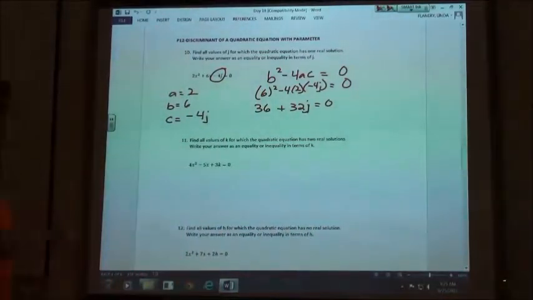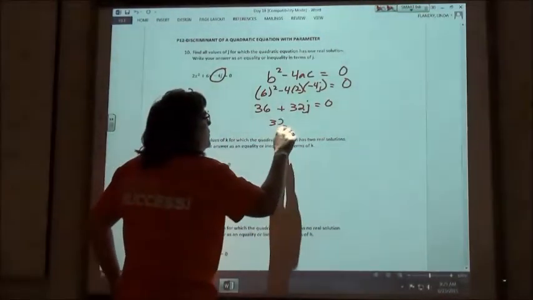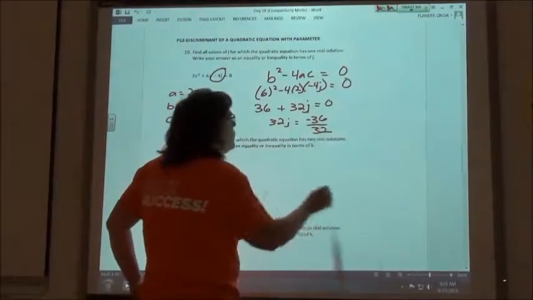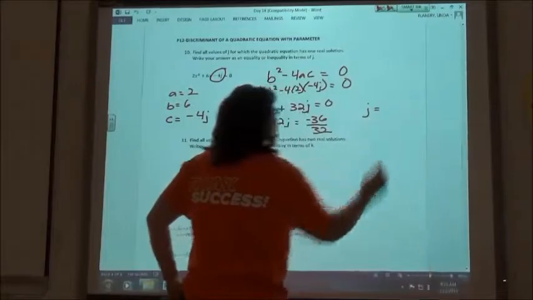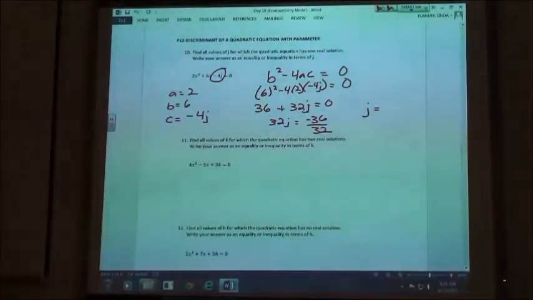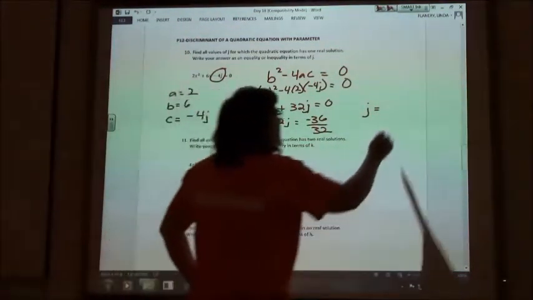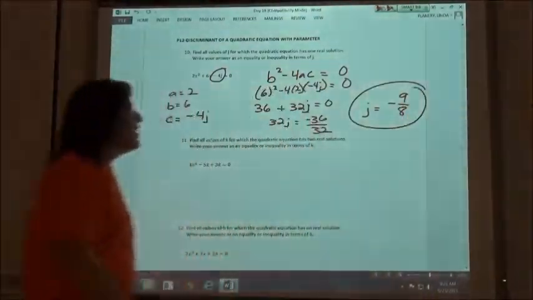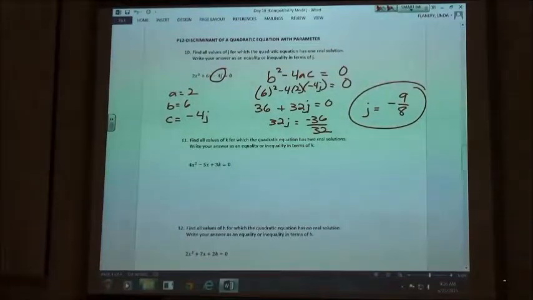So I'm going to subtract my 36. 32j equals negative 36, and I'm going to divide by 32. j is going to be equal to, and if I simplify that fraction, I would get negative 9/8. So this one you do have to type the whole thing in, because sometimes you'll have a greater or a less, or in this case we had the equal.